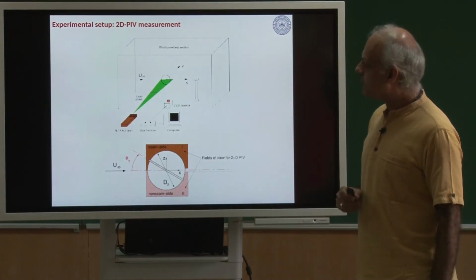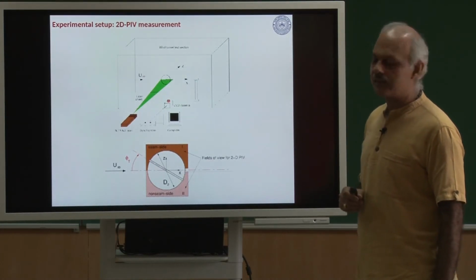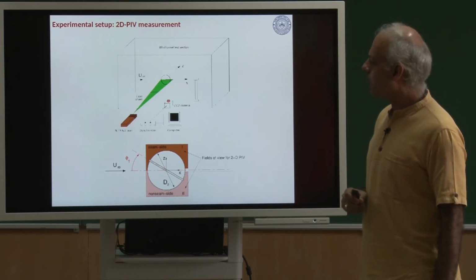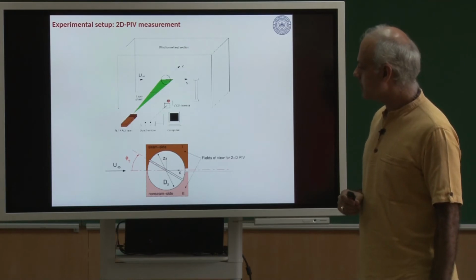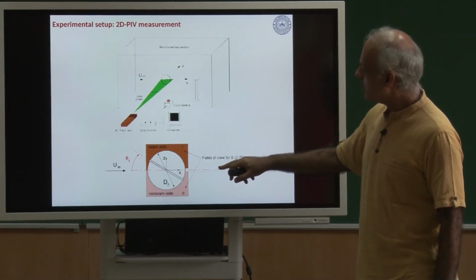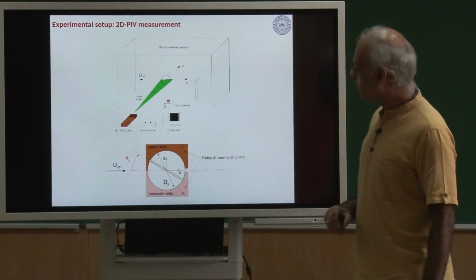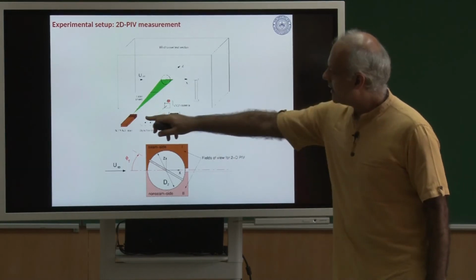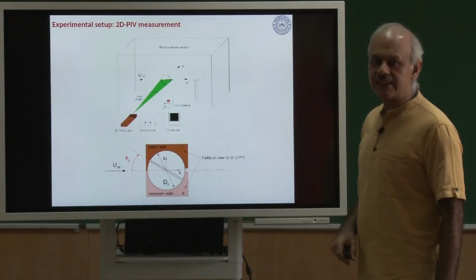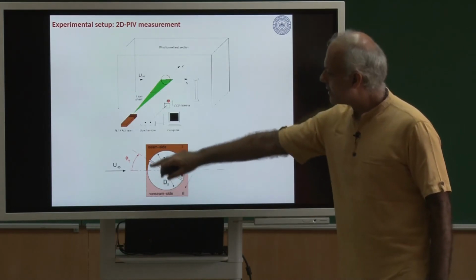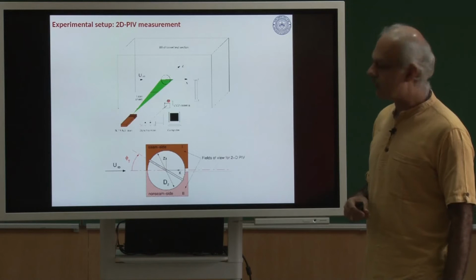We also carried out something called a PIV, okay, particle image velocimetry. This is a very interesting, non-intrusive technique. So what you see here is a model of a cricket ball which is fixed inside the wind tunnel, and then we shoot a sheet of laser, okay, and that illuminates a certain section of this cricket ball.